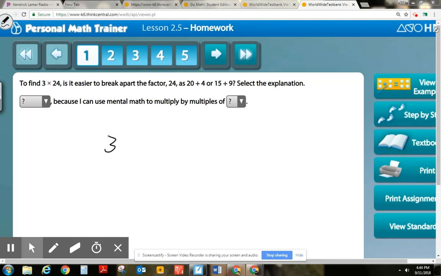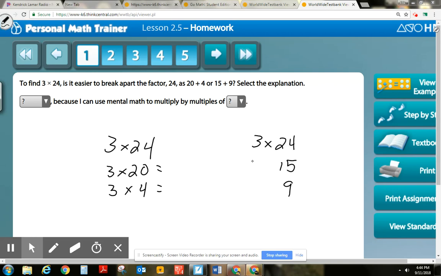So we got a problem, 3 times 24. It's asking, if I break up this 24, is a 20 and a 4. Is that easier? Or is it easier if I do 3 times 24, and I break up the 24 as a 15 and a 9?